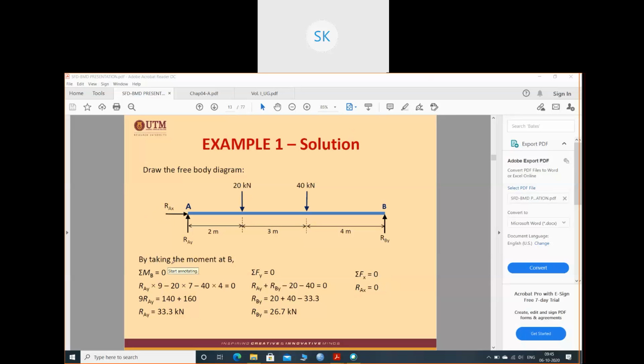Next, let's move on by taking the moment at B. How do we find the moment? Force into distance, right?